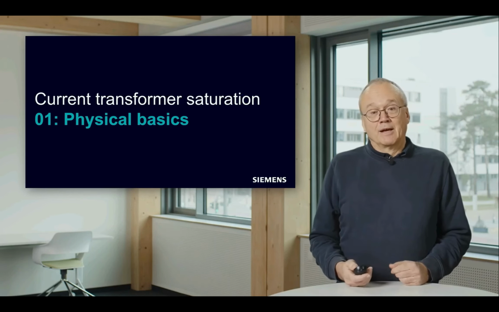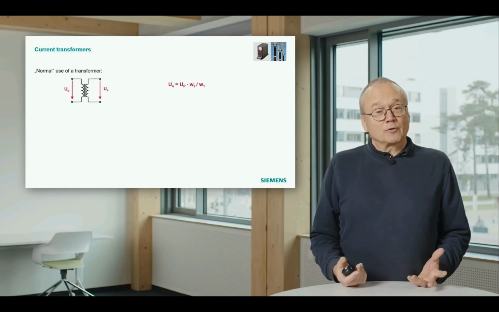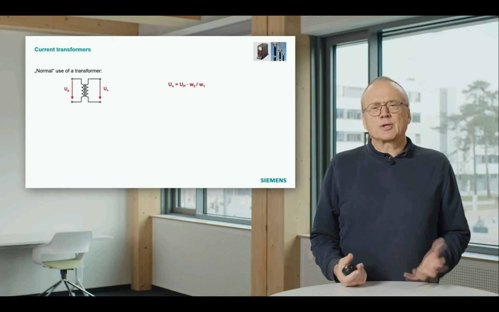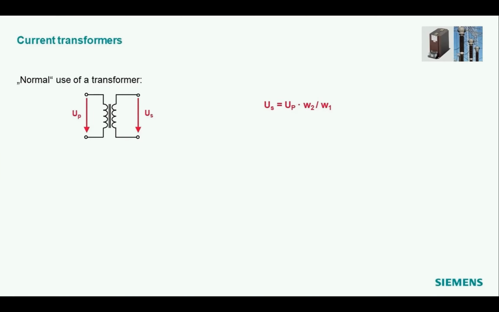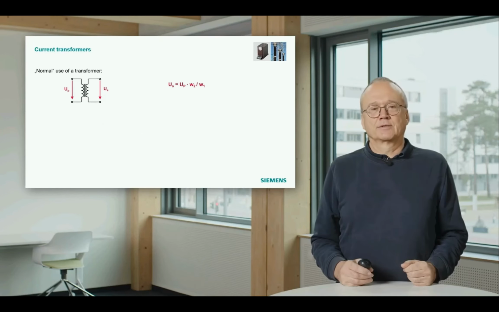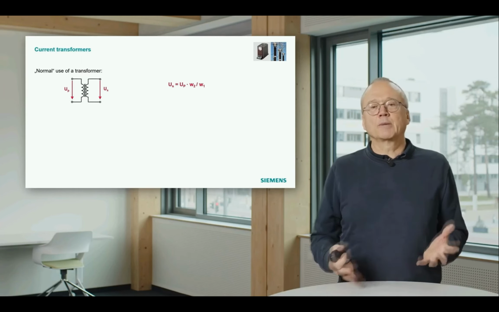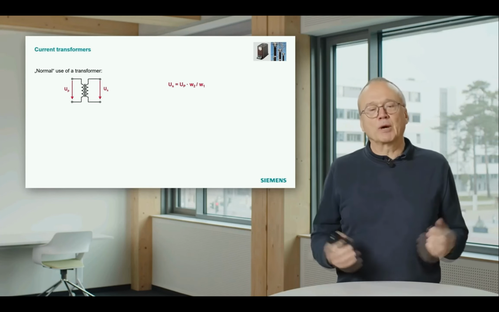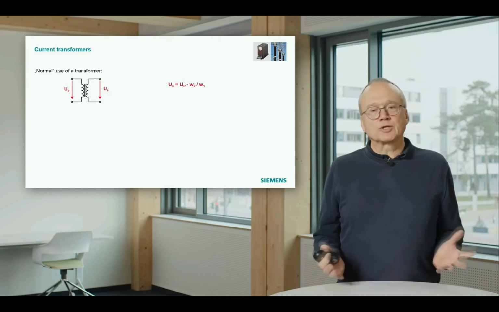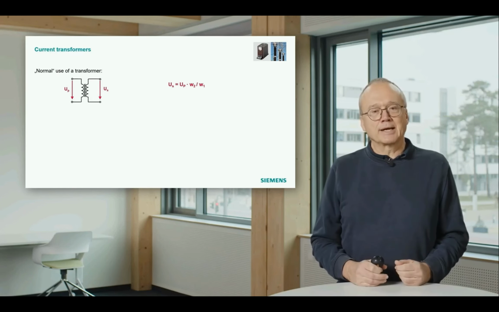So let's start a little bit with the physical basics to understand what happens if we have current transformer saturation. And first, we have to look a little bit at this strange thing, what is a current transformer? Normally, if we talk about a transformer, we talk about a thing where we connect a voltage to one side and then we get a transformed voltage on the other side. That is the use of a transformer in the networks for the power transformer, but also in traditional power supplies.